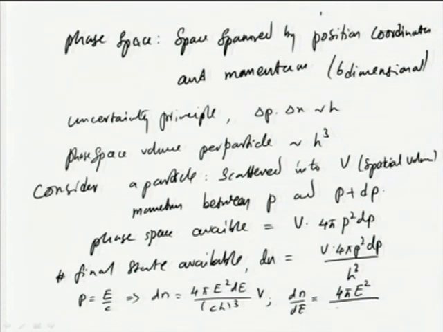Let me write h in terms of h cross, which is 2 pi h cross c cube into volume, spatial volume. Keep that in mind. We will take that information at a later stage.